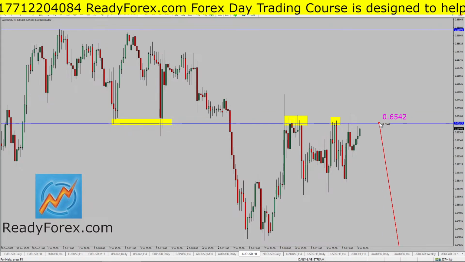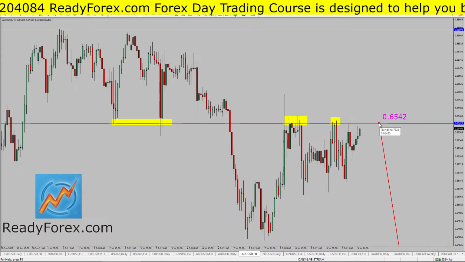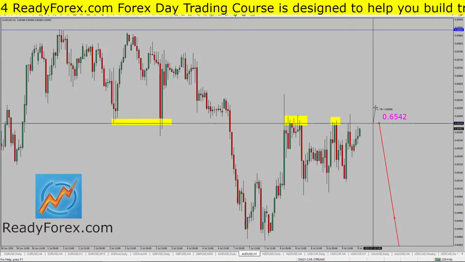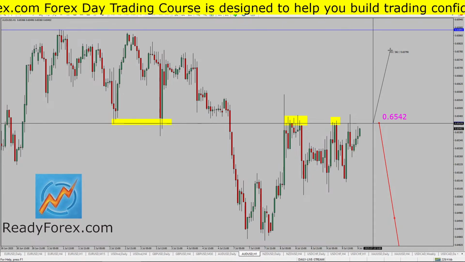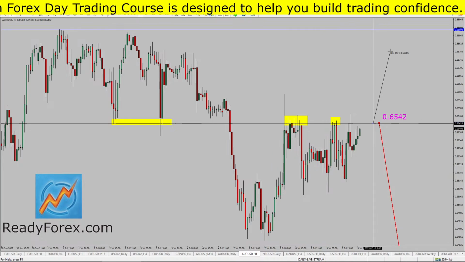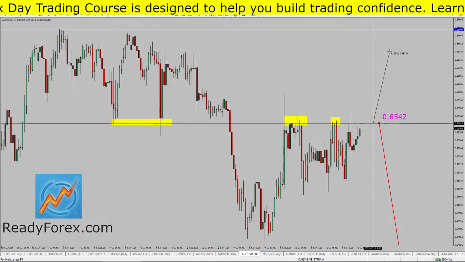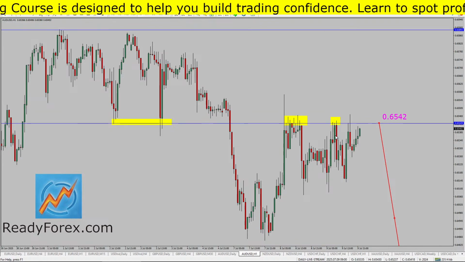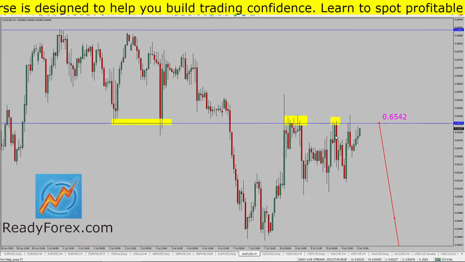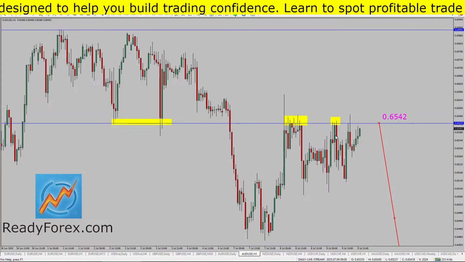A failure is obviously going to push the market lower. If we do get a bullish breakout, like this way, then maybe market wants to go up a little bit more. Otherwise, it seems to me price action wants to go nowhere. It's a sideways price action. We can use sideways day trading strategies to play the trading range.